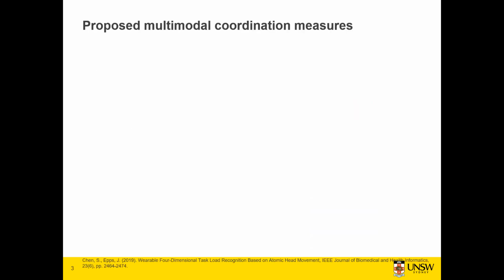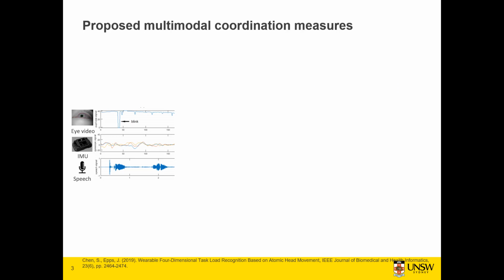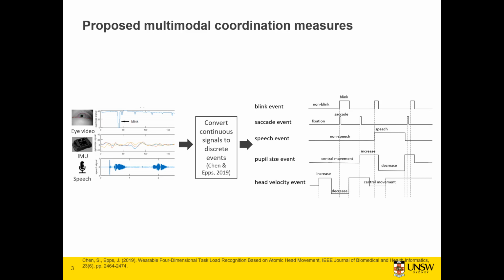To get the proposed measures, we start from pupil size signal, head movement velocity signal, and speech signal. We convert the continuous signals to discrete events along time, as this figure shows. Next, we record the onset of each modality event along time. If 2 event onsets occur at the same time, it is a coordinated event.